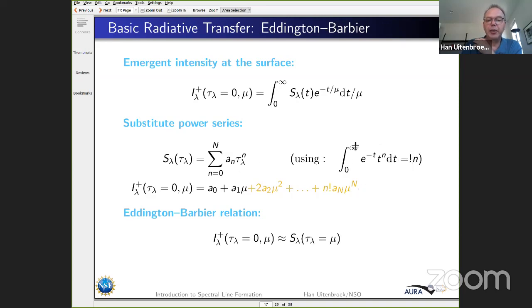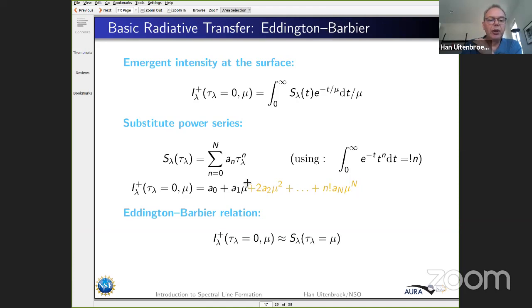And using this mathematical quantity, where the integral from 0 to infinity of e to the minus tau, tau to the power n d tau, is n factorial, we can insert this source function into this integral and find the exact solution. And we see that the emergent intensity is a power series now in mu.